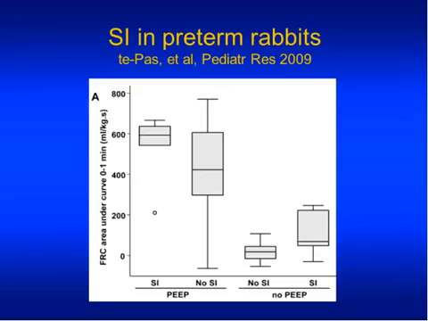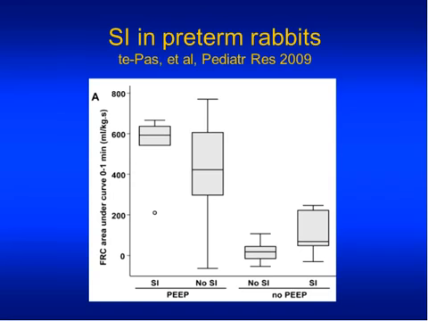On the vertical axis is functional residual capacity, the volume of the lungs at end expiration. You can see on the left-hand the 2 columns showing that when PEEP is applied but no sustained inflation, many of the animals were able to achieve good aeration of the lungs, but some were not, as indicated by the lower section of that column. Whereas sustained inflation did seem to uniformly, with one exception, achieve very nice functional residual capacity.